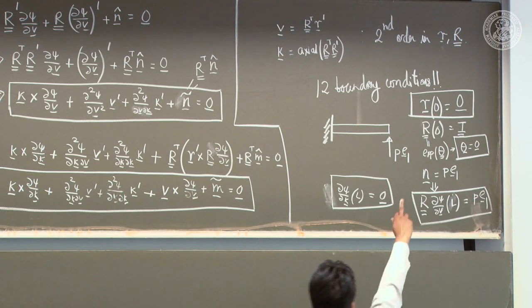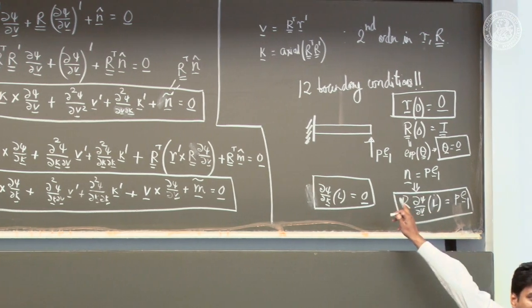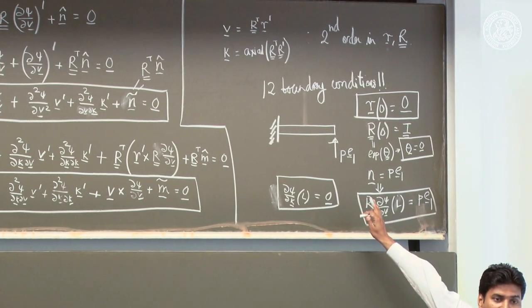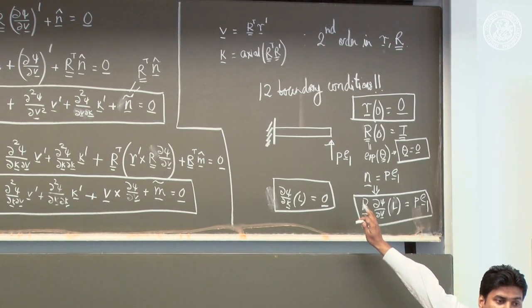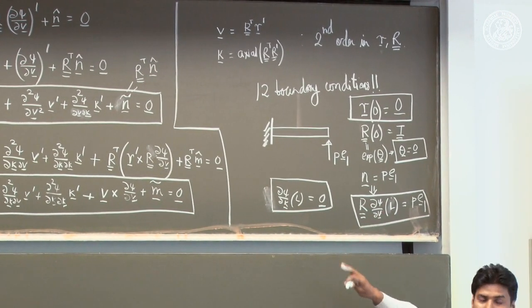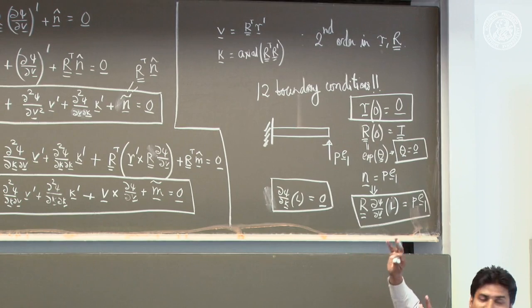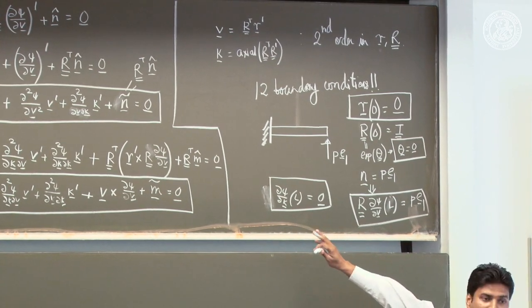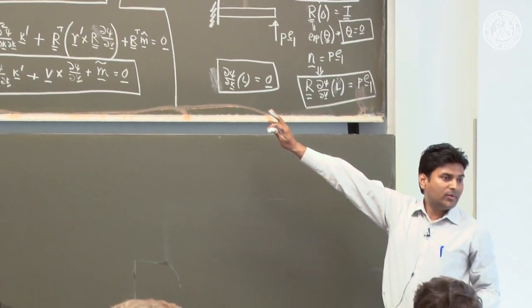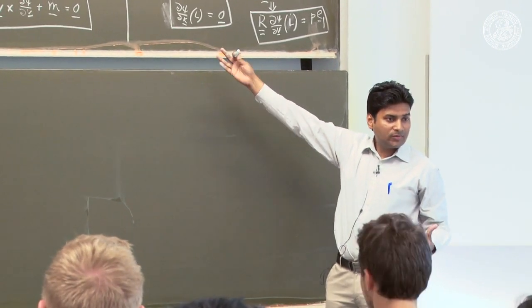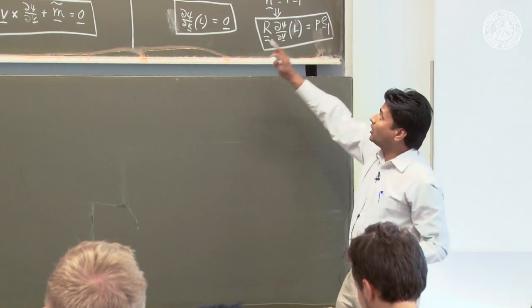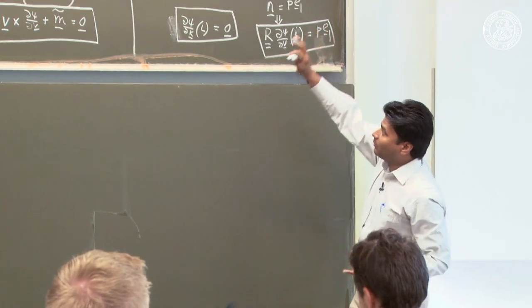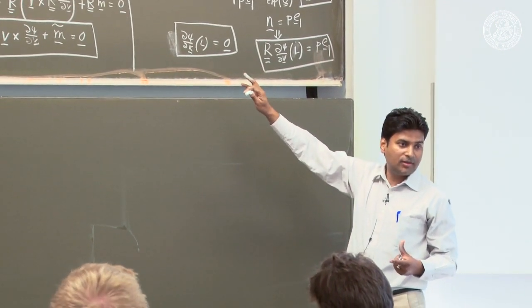You see, the boundary condition here is in terms of little r. It's not in terms of V and K. If it were in terms of V and K only, then it becomes a closed system, and then you are done with these two equations. But it's not a closed system now, because you have little r and big R also showing here.